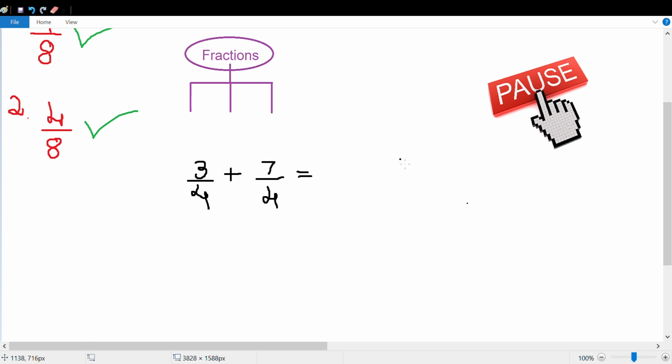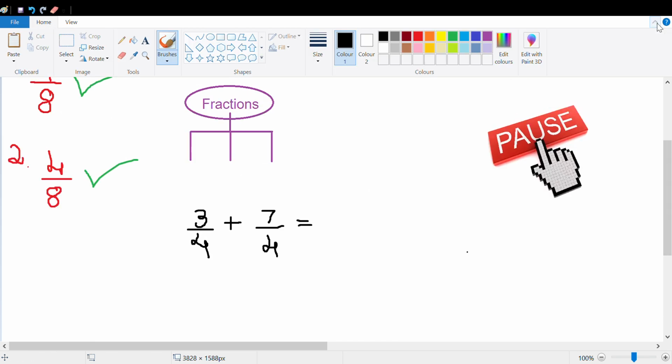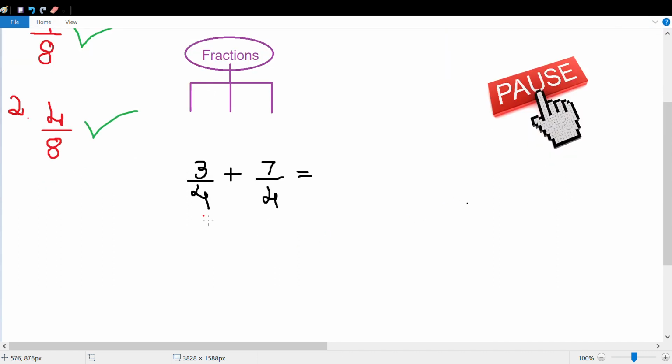What we first have to check is, let's take a red marker for this, whether the denominators are the same. Yes, in this question the denominators are the same, so our solving will be even easier. If the denominators are the same, you're in luck because it's an easier way to do addition of fractions.